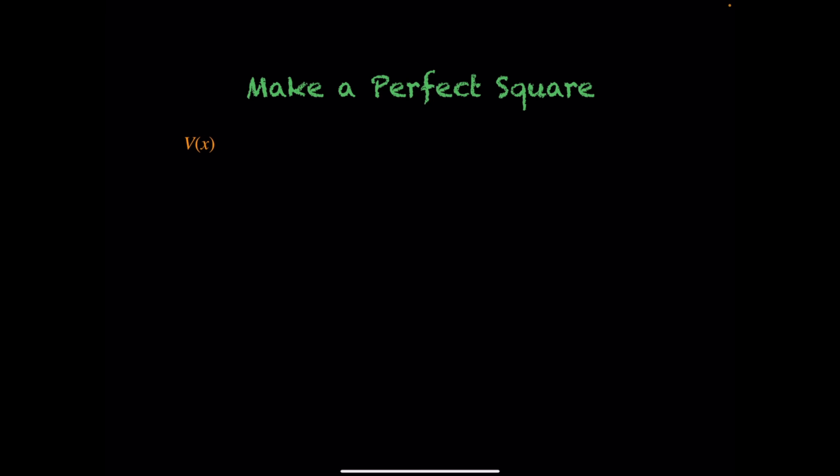Okay, so let us now make our potential a perfect square. Our potential has two terms, half m omega square x square, that is a quadratic term, and minus ax, that is a linear term. To make it a square, we first need to take out half m omega square, and if you do so, you will find the terms in the bracket as x square minus 2ax by m omega square.